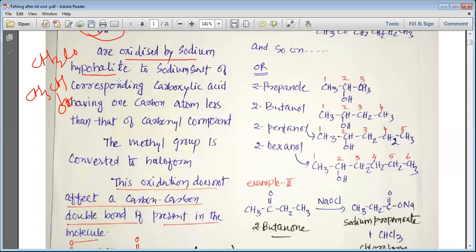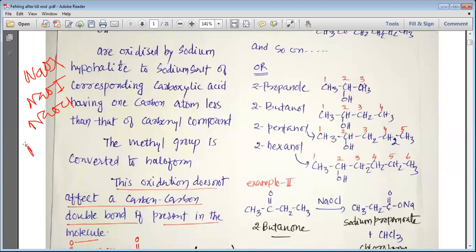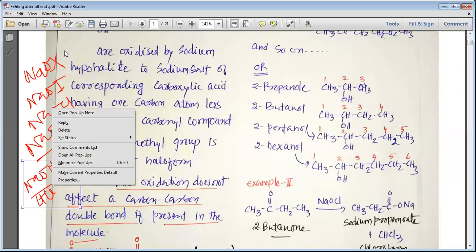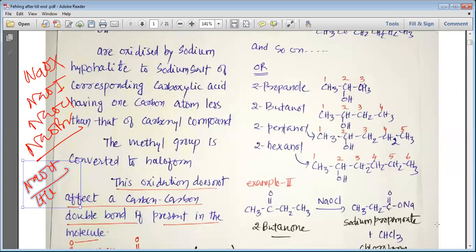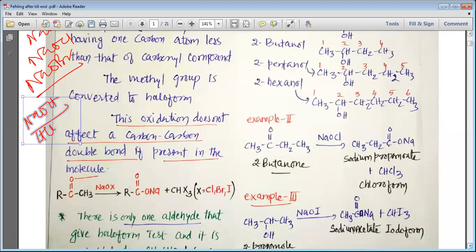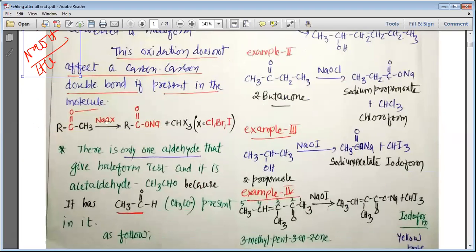What is sodium hypohalite? Sodium hypohalite is NaOX. That means it may be NaOI, NaOCl, or NaOBr, which is produced by the reaction of the halogen with NaOH.